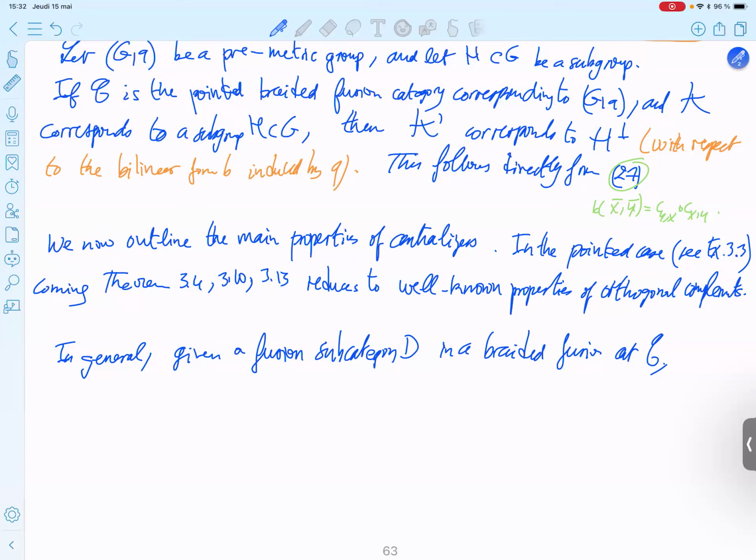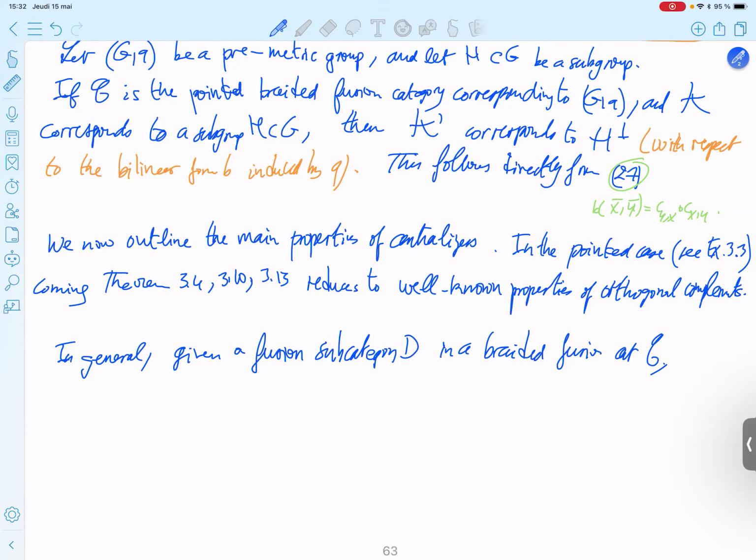The equivalence relation we will explain now will correspond to: two simple objects are equivalent if they are in the same component, if you see the category C as a D prime module. So C is a module over the centralizer of D, and two simple objects are in the same indecomposable component if and only if they are equivalent in the sense we will explain now.